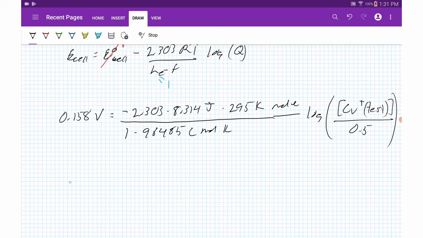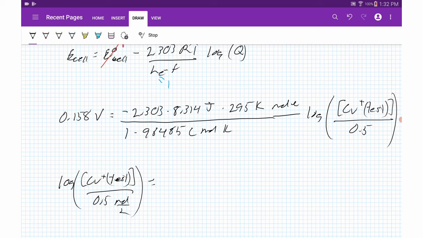So as everything gets rearranged, we can rearrange this to get the log of the copper ion concentration in the test cell over 0.5 moles per liter in the reference cell is equal to, this is just algebra, negative 2.699.